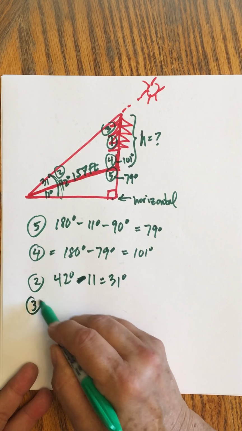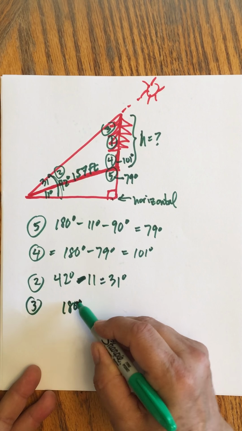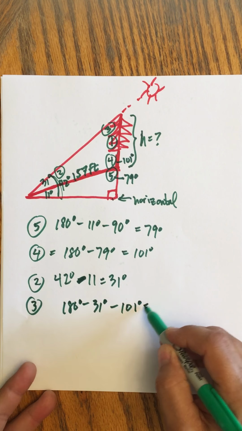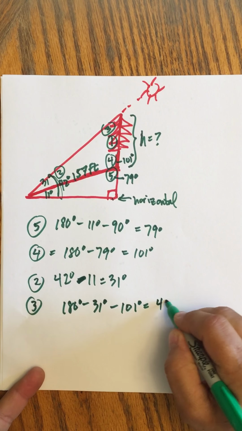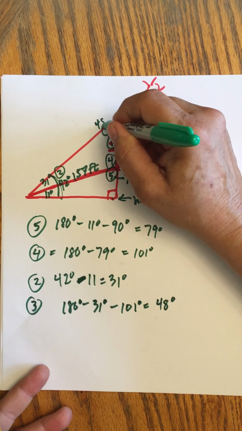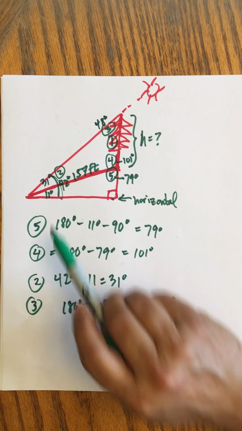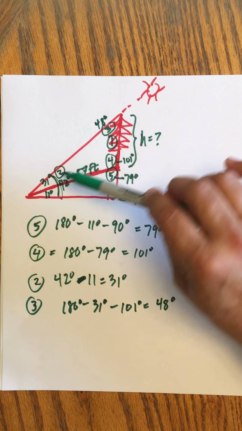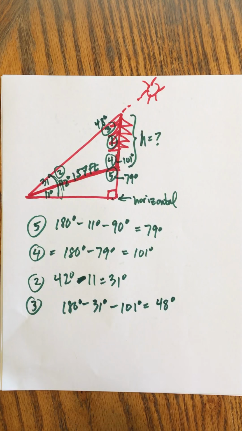So to find angle 3, I'd say 180 minus 31 minus 101. And I get 48 degrees. All right, so now this is 48 degrees, yay. And so now I finally know this angle forms this side as this angle forms the side that I'm looking for. So let me go ahead and set that up.